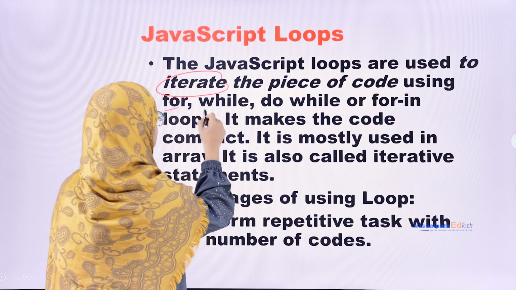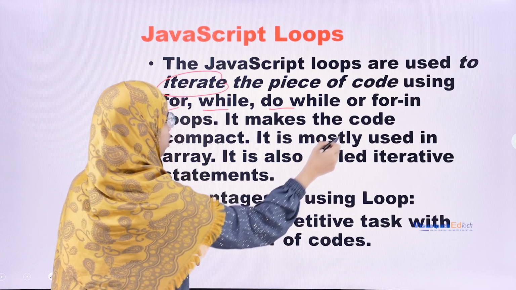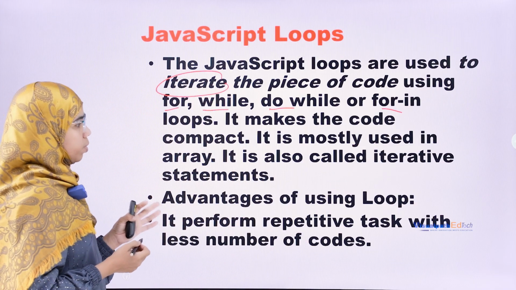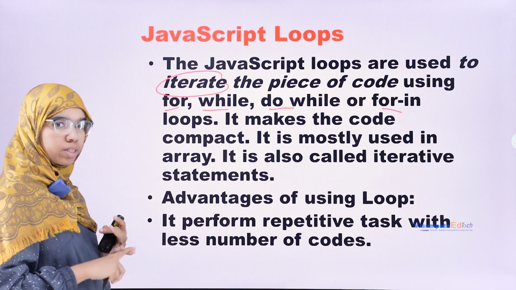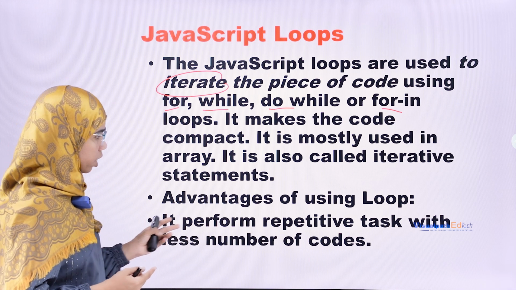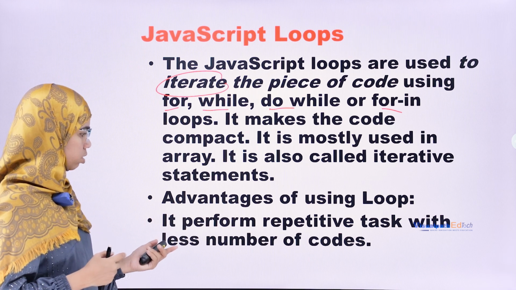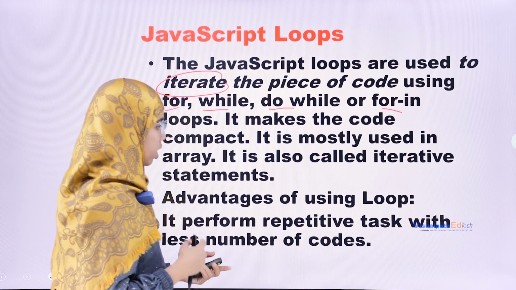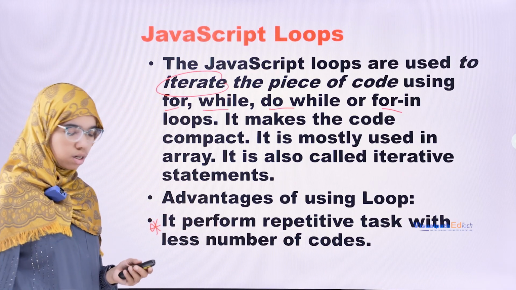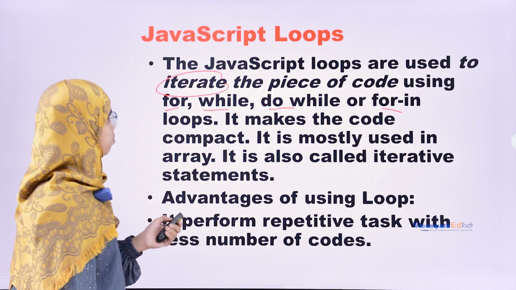So basically we have the for loop, while loop, and do while, or we can also use the for in loop. It works in a similar way to other programming languages, iteratively. The advantage of using looping is that it performs a repetitive task with fewer lines of code. Yes, this is the biggest and major advantage of using looping statements.